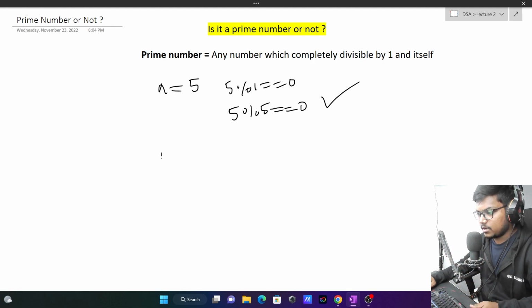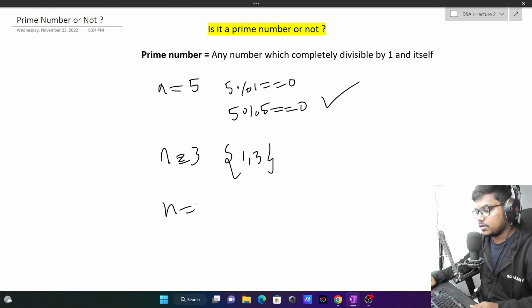Now take any prime number, for example n is equal to 3. What are the factors for it? 1 and 3. Now take n is equal to 17. What are the factors for it? 1 and 17, right? Now take n is equal to 11.